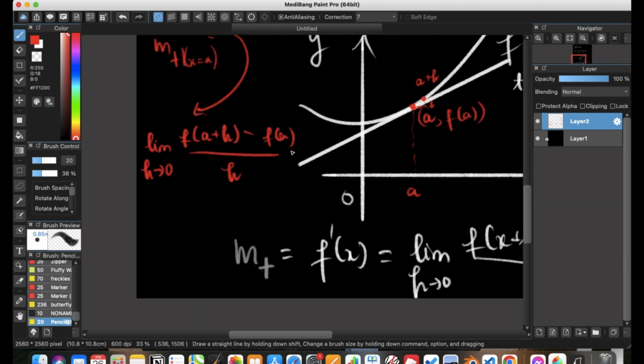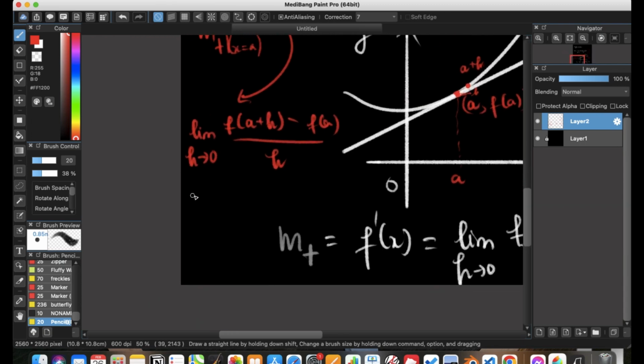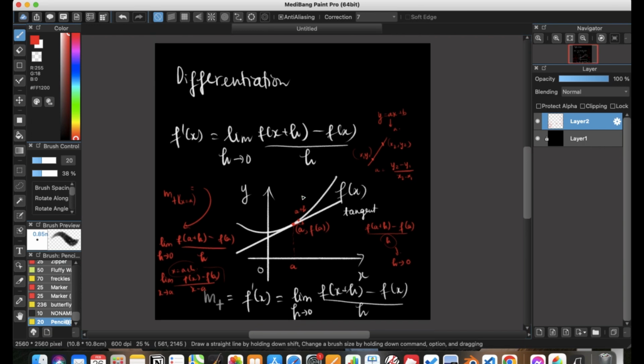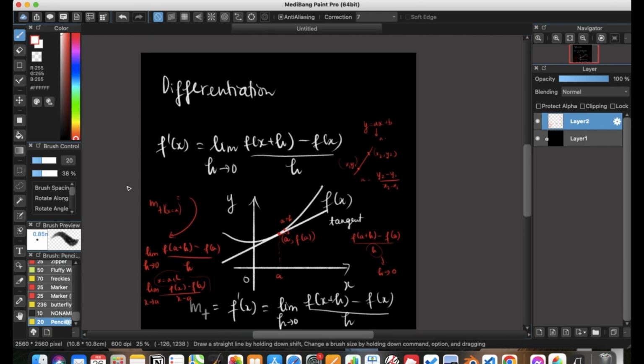Or we can write it as the limit when x approaches a, where x is equal to a plus h, of f(x) minus f(a) over x minus a. So that's the definition of it. So this is what a derivative of a function looks like.